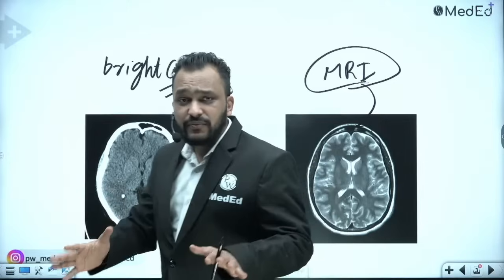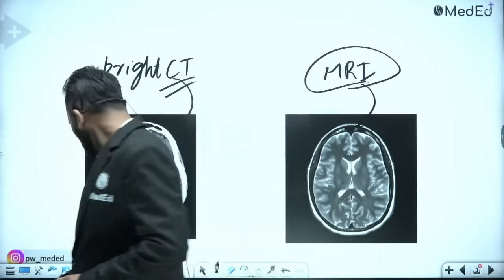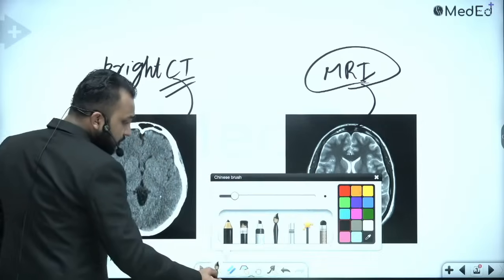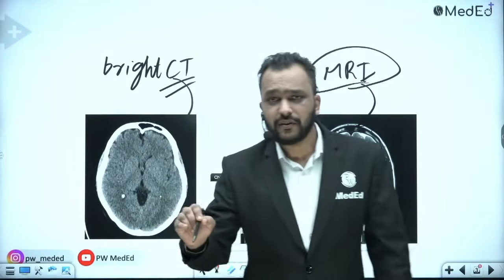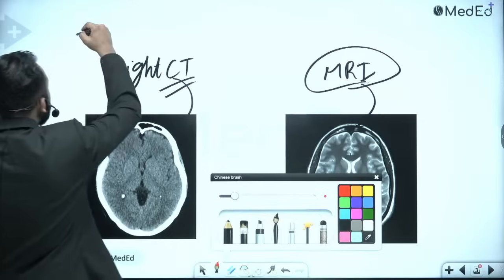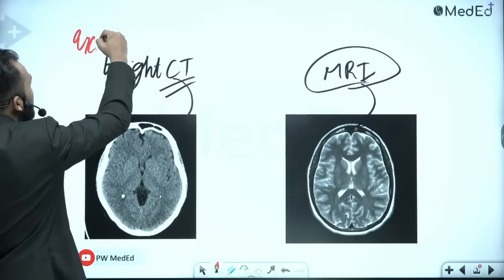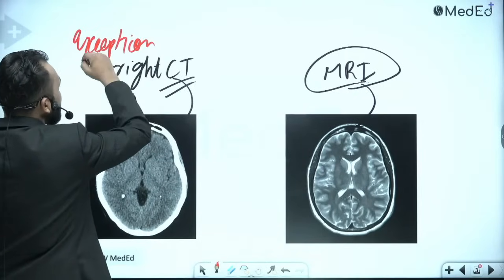That is why CT is the modality of choice in all cases of trauma. So you have to tell me, CT scan is the investigation of choice in all cases of trauma, except what is the exception here? In which case will CT scan not be helpful for us in a case of trauma?